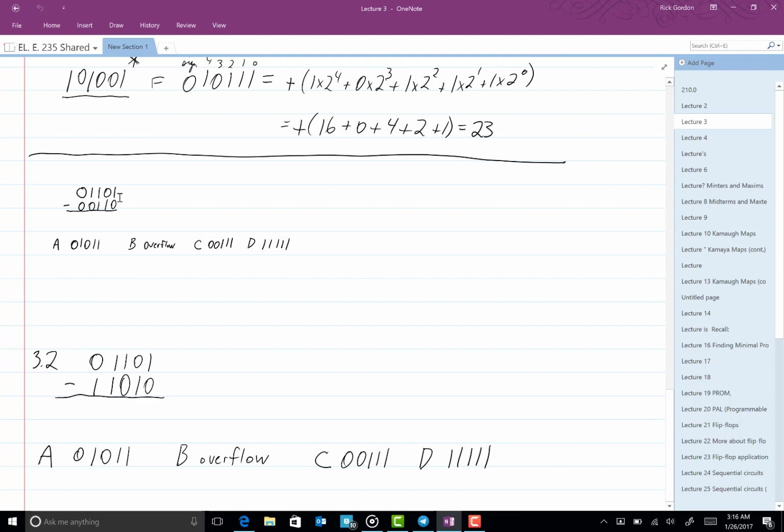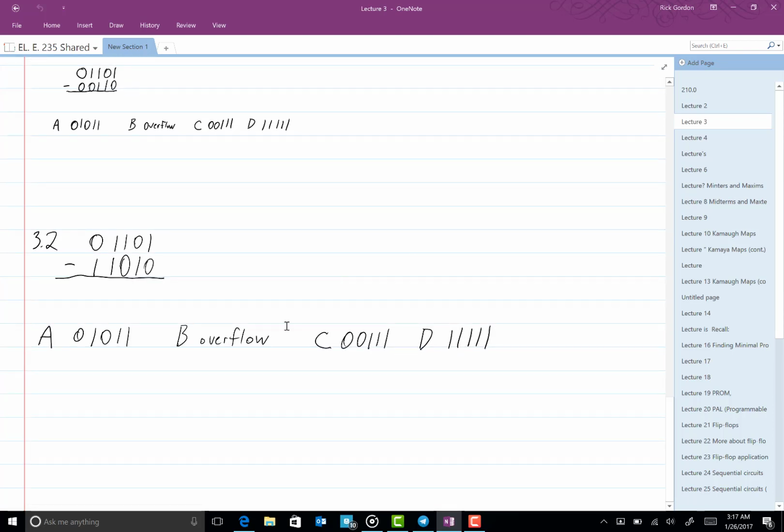Both of these are signed binary numbers, and the possible answers are A, 01011, B, overflow, C, 00111, or D, 11111. And once again, that's problem 3.1.